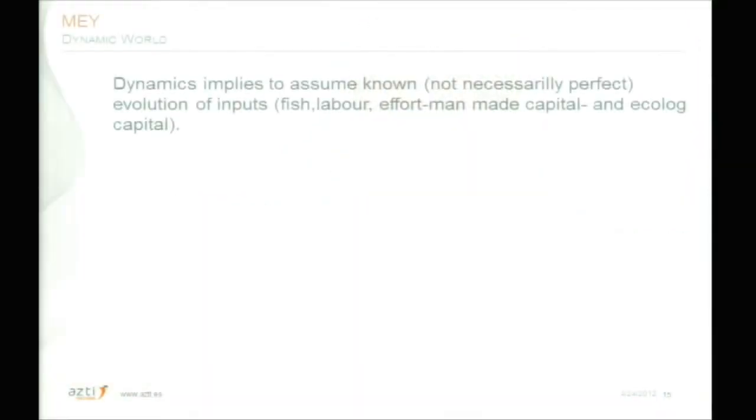But first, I would like to introduce another concept, and this concept is the dynamic world. As we live in a dynamic world, and dynamics implies to assume known, not necessarily perfect, but known, evolution of inputs. And when I'm talking about inputs, I'm talking about fish, labor, effort, man-made capital, and obviously ecological capital.